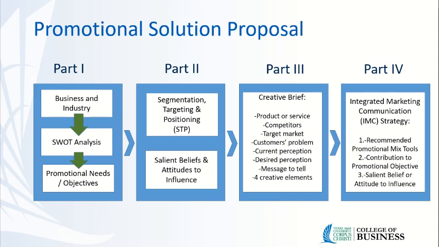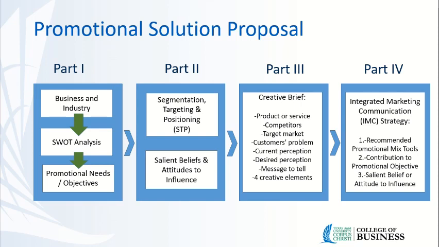That's the way it is in the textbook. So you have to choose and lay out at least one of these promotional needs and objectives and tell why, based on the SWOT analysis, right? Of course, this is the basis on which the rest of the project will be developed.